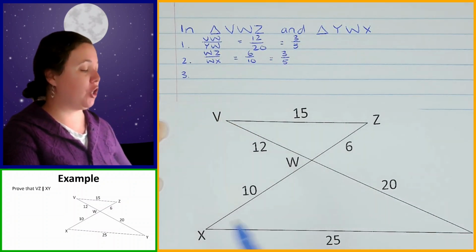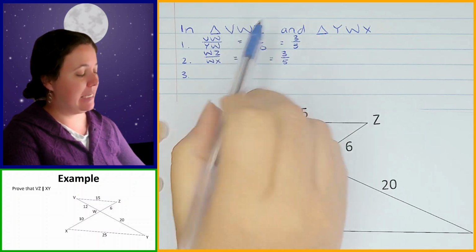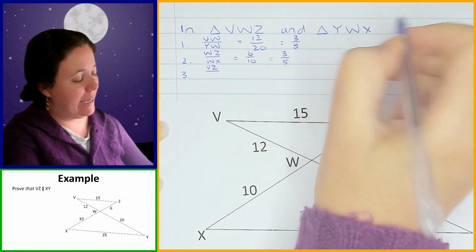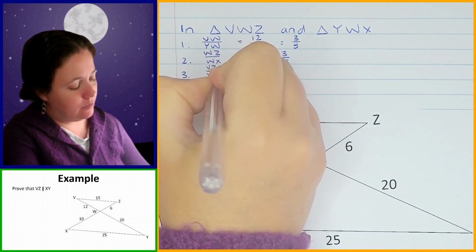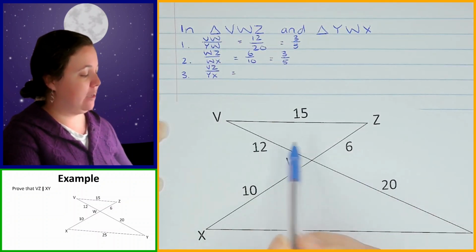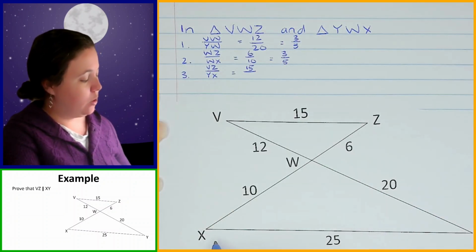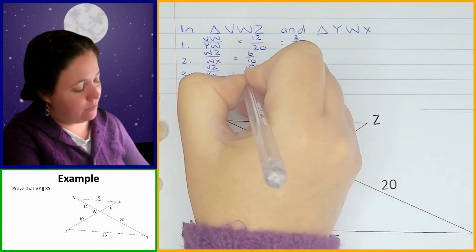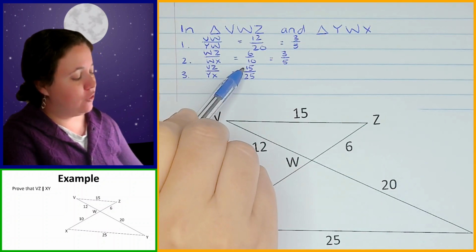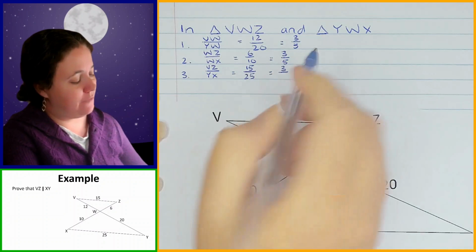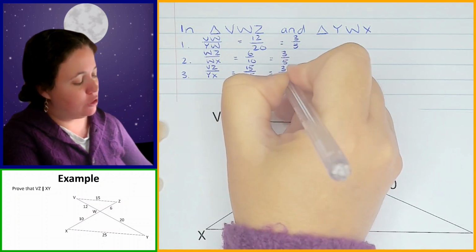Now we're going to do the last pair of sides. So VZ over YX equals. So over here, VZ is 15 over YX is 25. 5 goes in there 3 times. 5 goes in there 5 times, which gives me 3 over 5.